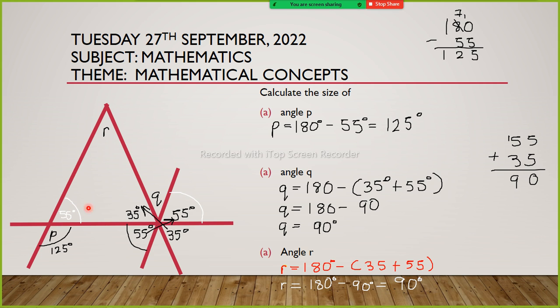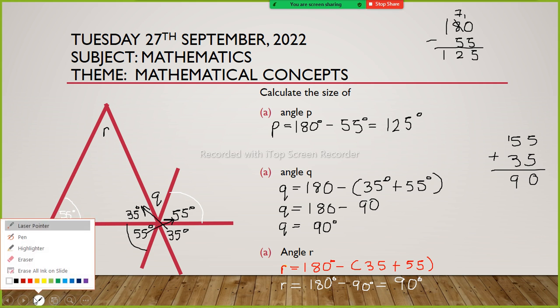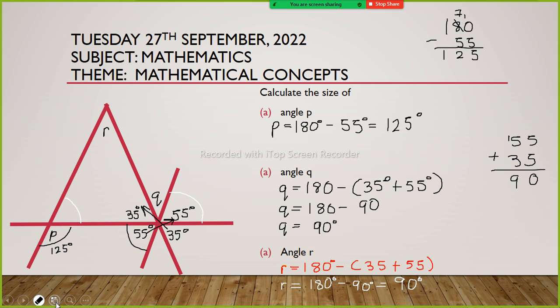So R, 55, and 35 all add up to 180 degrees. And so that's how we get that R is going to be equal to 180 degrees minus 35 and 55, which gives us 90.